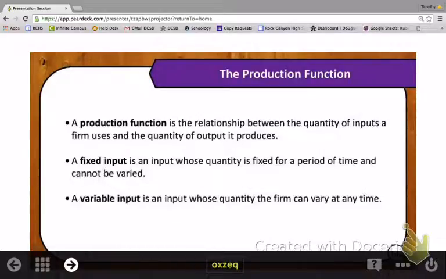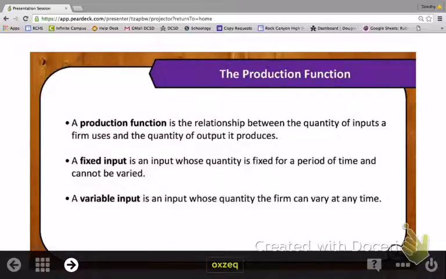So even if we want to produce more, one of our inputs is fixed over a certain period of time, and we can't change its quantity. So we're stuck with that. And so we're limited to producing the quantity that we can produce with that fixed amount of input. Okay? And we'll define what that period of time is later in the module.